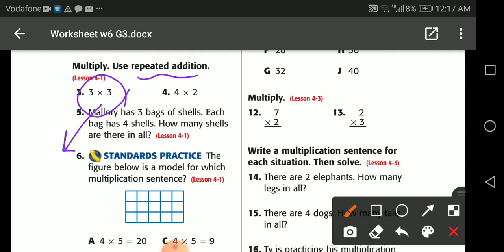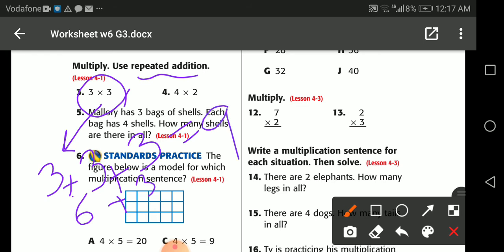So I will say it's 3 plus 3 plus 3. Okay, 3 plus 3 is 6, then plus 3 gives me 9. This is by using the repeated addition.